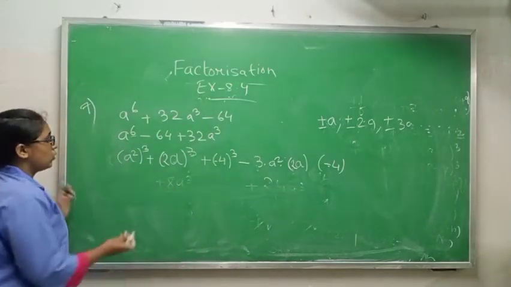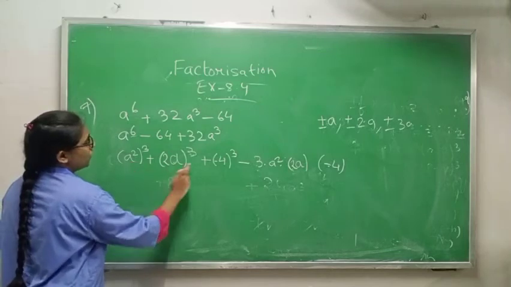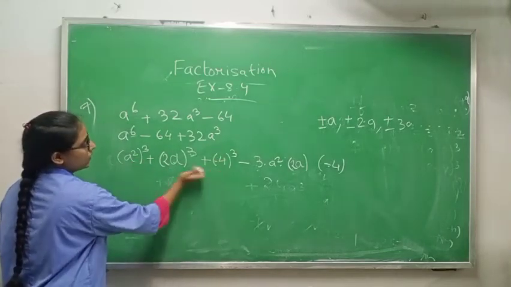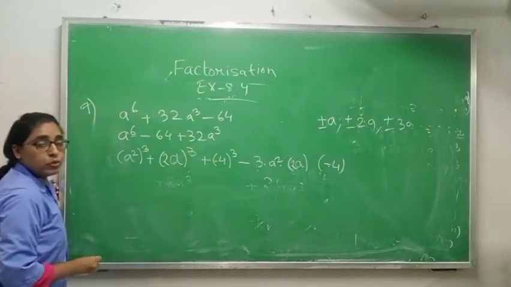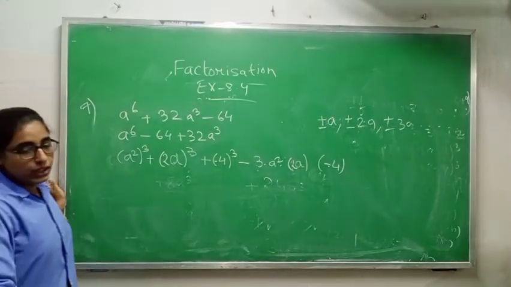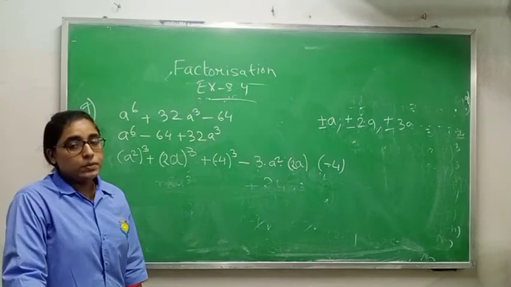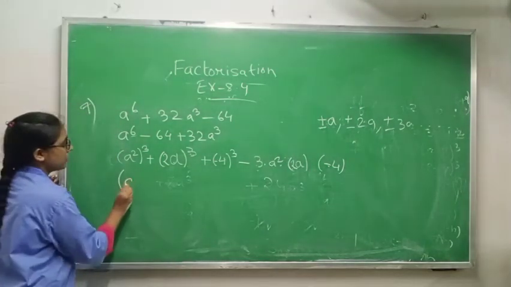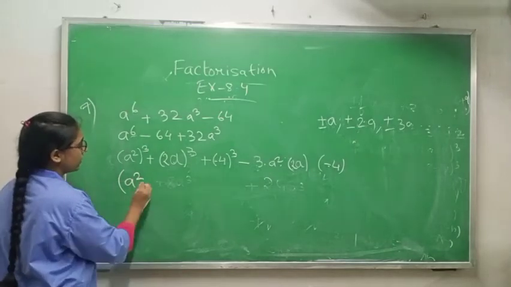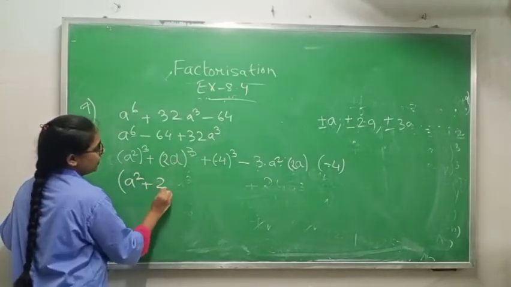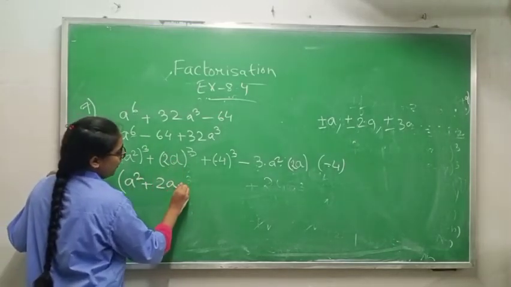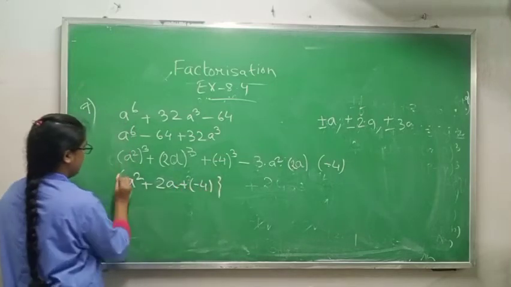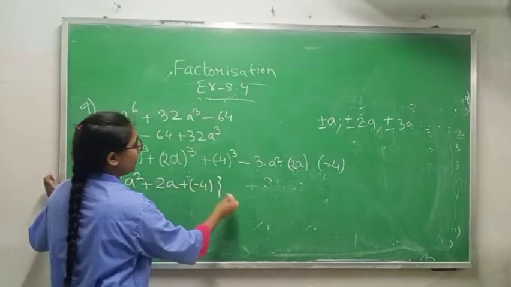Now after this, you can make it into the formula a cube plus b cube plus c cube minus 3abc. What is the formula? You all know that formula: a plus b plus c. So x plus y plus z means x is a square, y is 2a, plus z, because z we have minus.